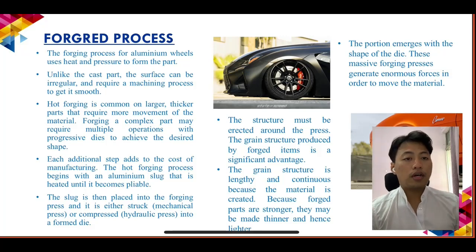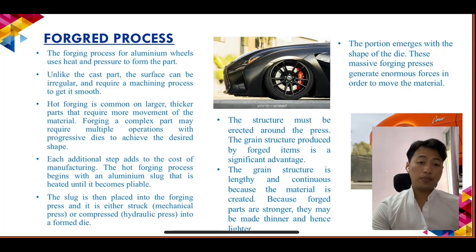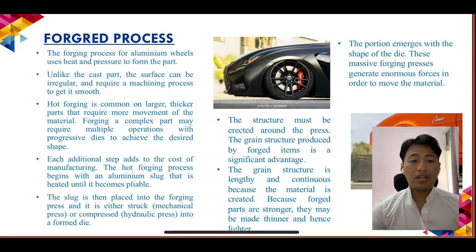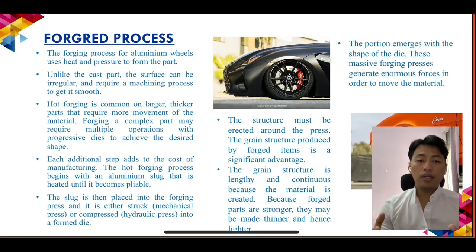Forging a complex part may require multiple operations with progressive dies to achieve the desired shape, and each additional step adds to the cost of manufacturing. Hot forging begins with aluminum slugs that are heated until they become pliable.